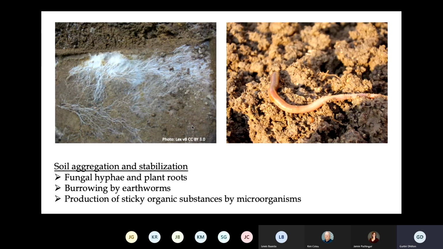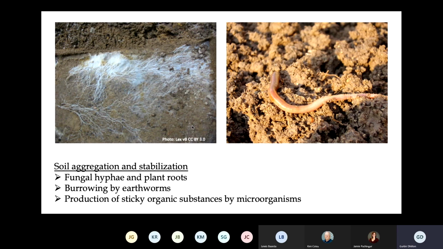The fungal hyphae also play an important role in promoting soil aggregation along with the plant roots. The slide on the left part of the screen here shows white fungal hyphae that help in binding the soil particles and tiny microaggregates into larger macroaggregates.